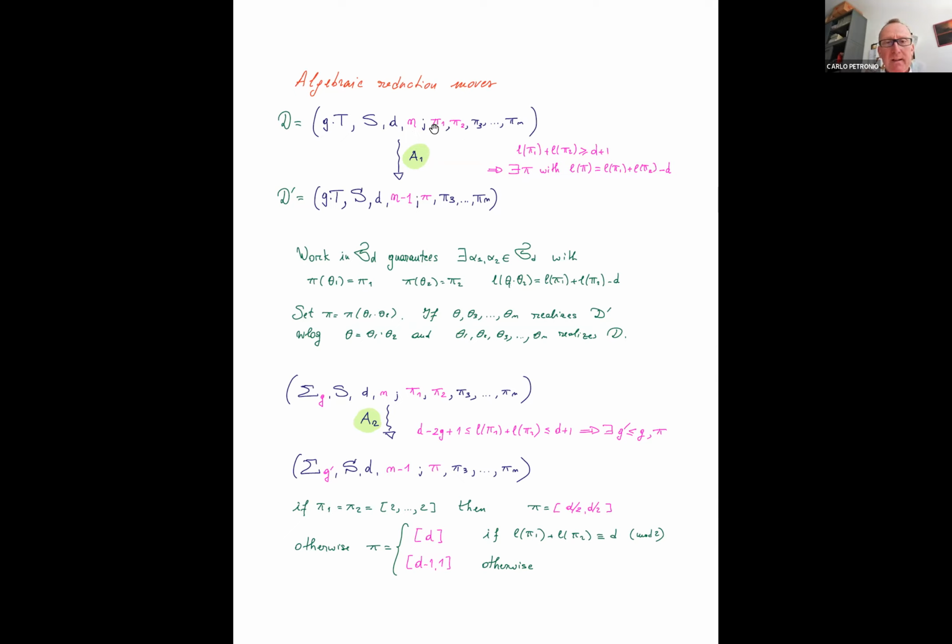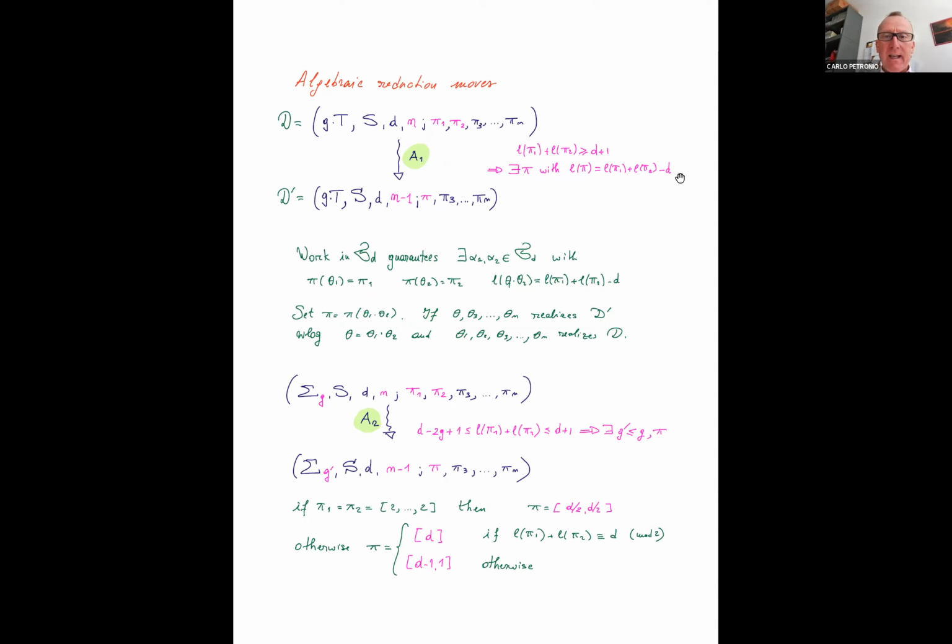The statement is, if you have two partitions with sum of the lengths, the number of cycles, at least d plus 1, d is the order of the symmetric group, then you can replace them by some new partition pi, reducing the number of candidate branching points from n to n minus 1, with exactly the length.